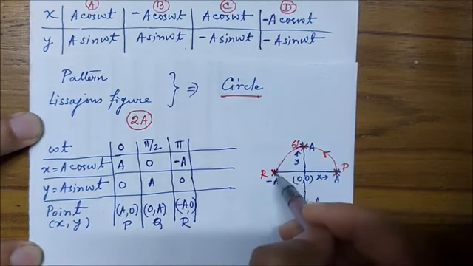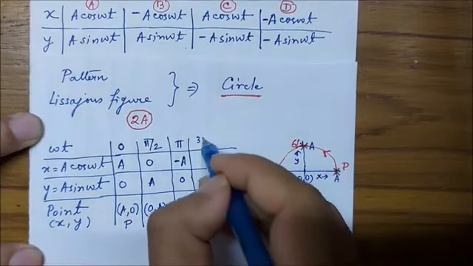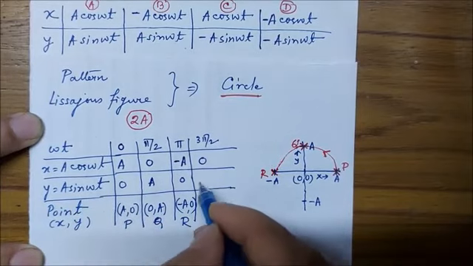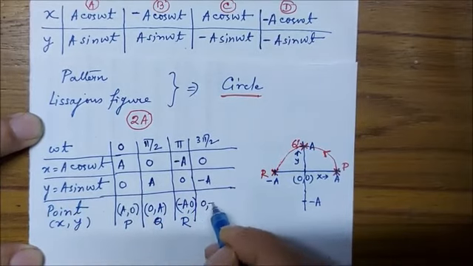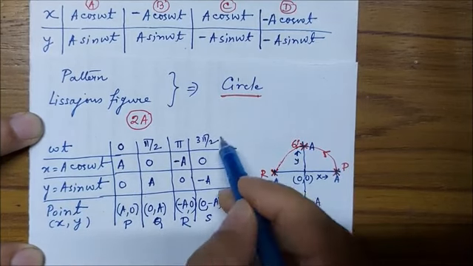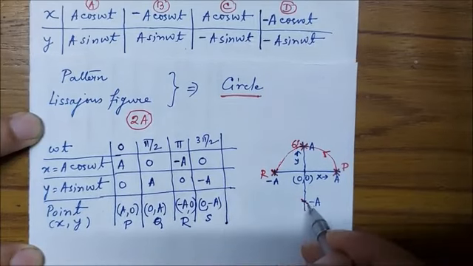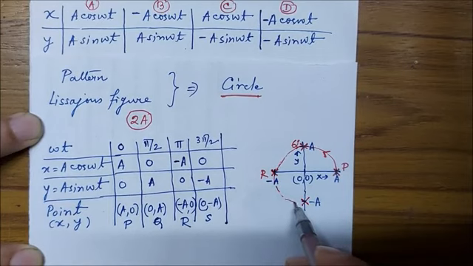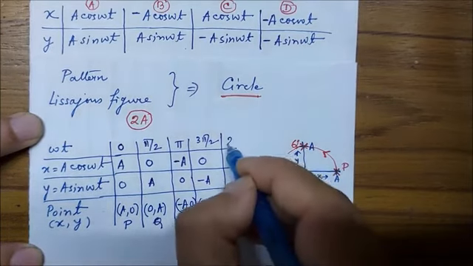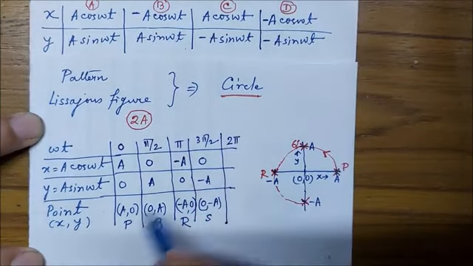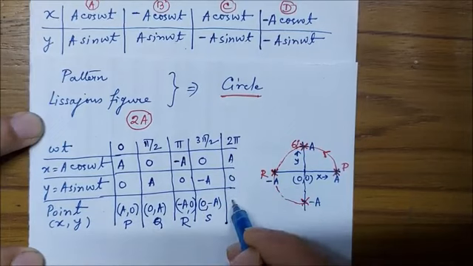So this is how we come here, and then 3 pi by 2, whence cosine is 0 but sine is minus 1, so we are at 0, minus a, and let us call this point S. So we are here. So the circular track goes like this, and finally at omega t equal to 2 pi we arrive at this point, that is back to P.